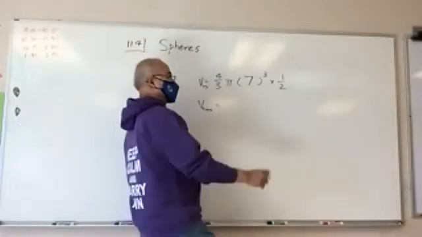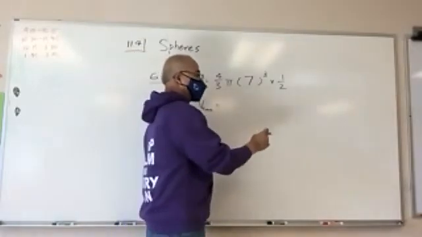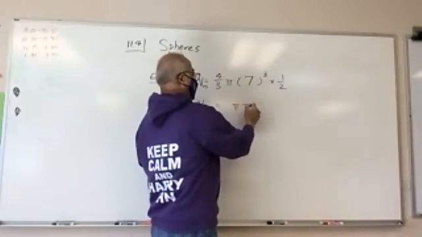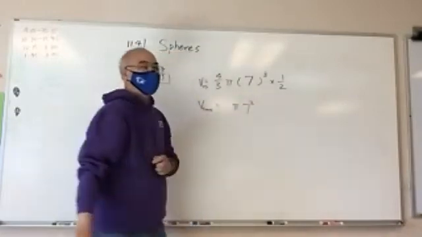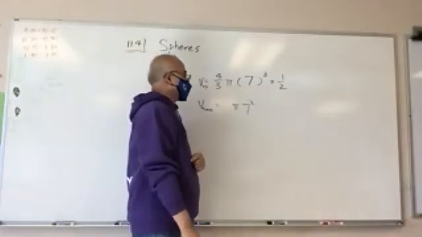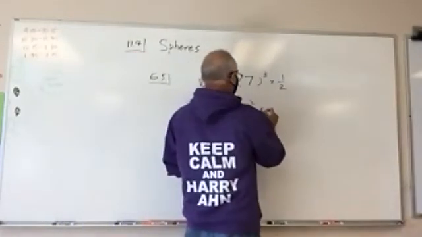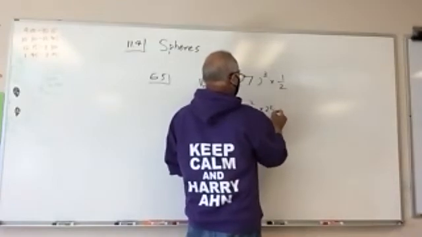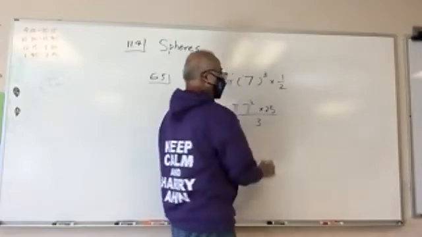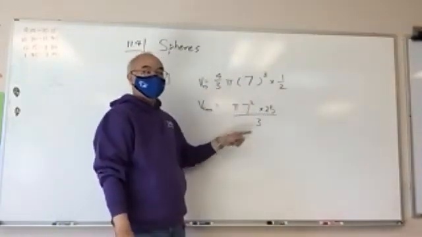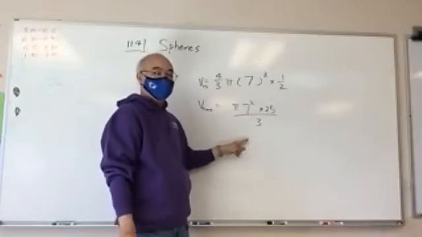So, what's my base area there? Pi r squared, right? R was 7. The same 7 there. What's the height? 25, is it? Yeah. And then we're going to divide that by 3, right? So if you add these 2 together, you would get the total volume.